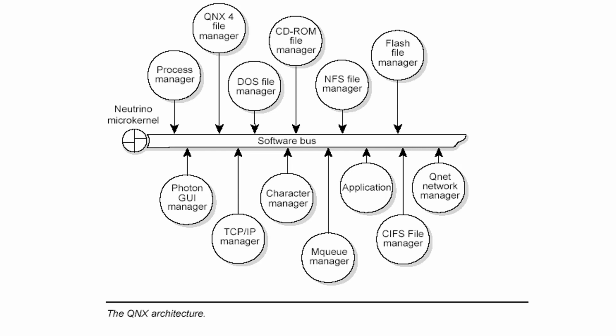So the idea is that this is also microkernel based, the same way as LynxOS. There's a software bus, and pretty much all the components plug into it, like a process manager, file manager, right? Different kinds of file managers. The application for sure, right? As you can see, it's one of the components that plugs into a bus.